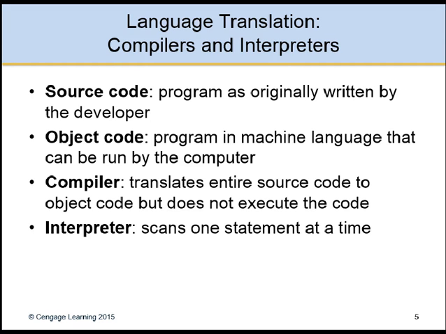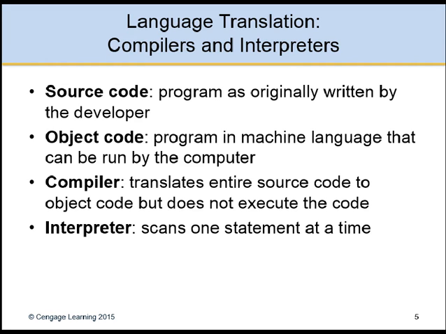The types of programming language translators are 1, compilers, and 2, interpreters. A compiler translates the entire source code all at once to object code, but it doesn't execute the code.